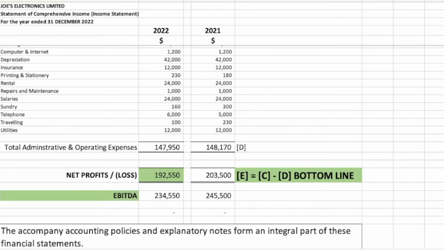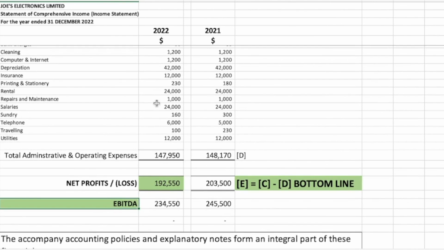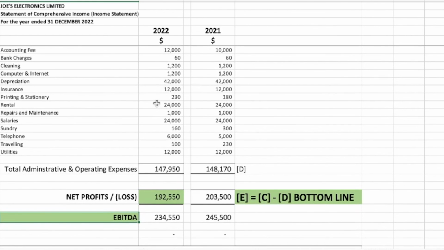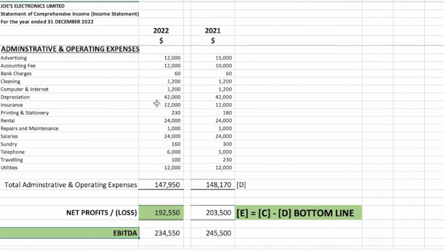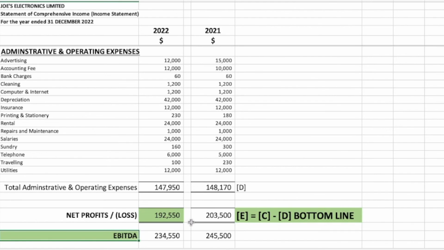EBITDA is a popularly used measure for core corporate profitability, direct costs in generating the revenue. EBITDA is calculated by taking the net income and adding back the interest, adding back the taxes, adding back depreciation, and adding back the amortization. I will be explaining these terms in my later videos, so stay tuned.